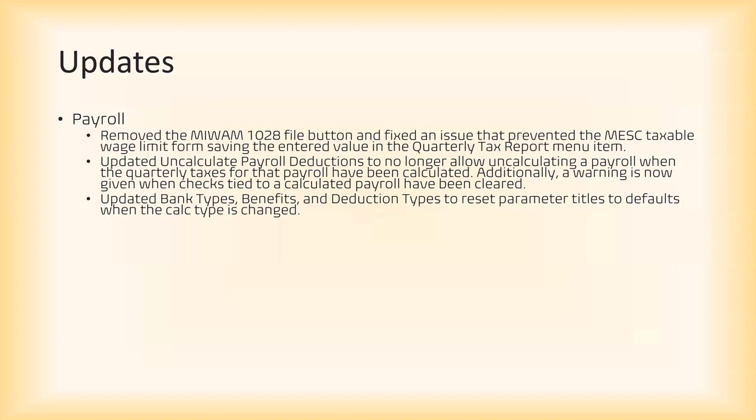So if you had one set up in banks for one bank and then change the bank type to a different one, that particular parameter could mean something totally different in the calculation. So we wanted to make sure that gets updated so you don't accidentally have a bad value in one of those parameters.